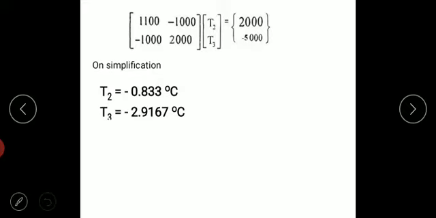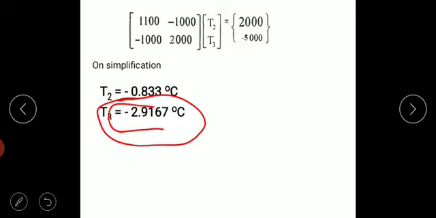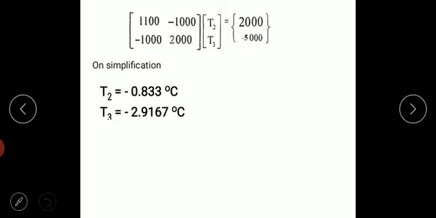At node 3, definitely the value should be nearer to the convection value. So here I got approximately minus 3, and minus 5 I have. Okay, fine. If this value comes out positive, you have made a mistake. So you have to make a visual analysis.